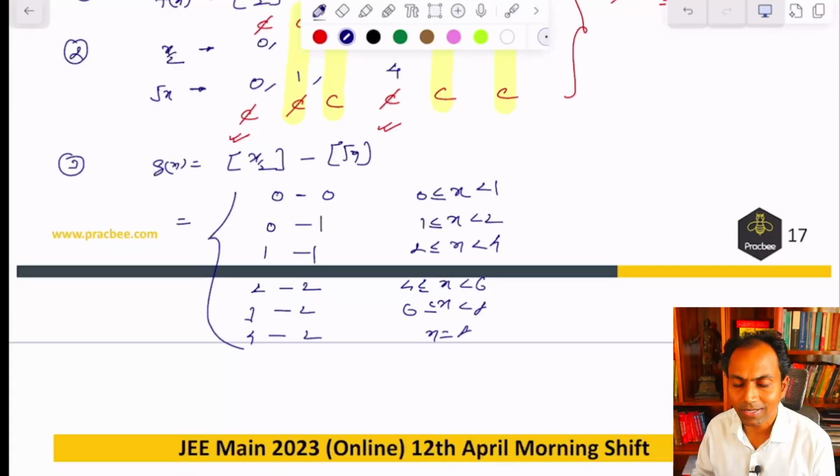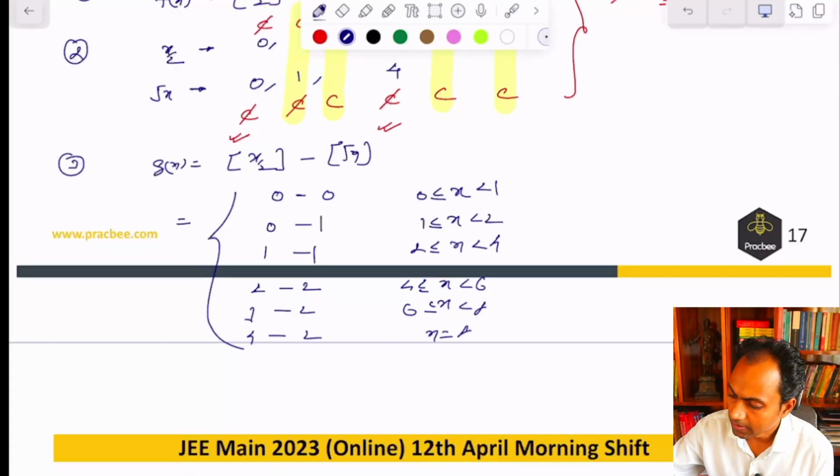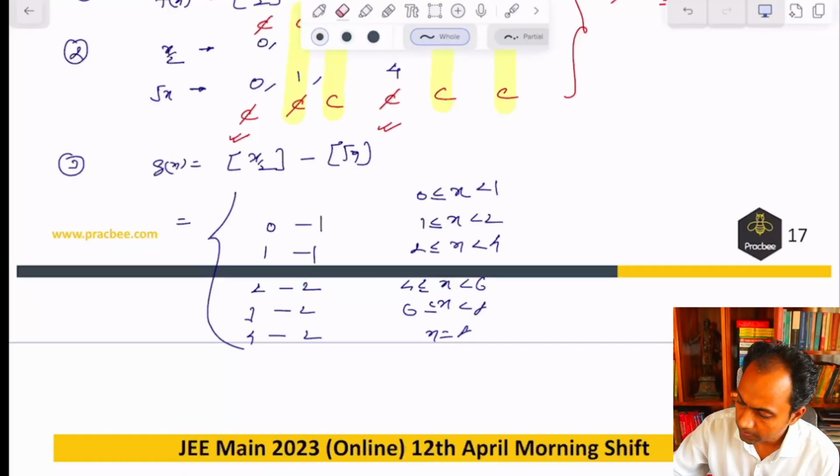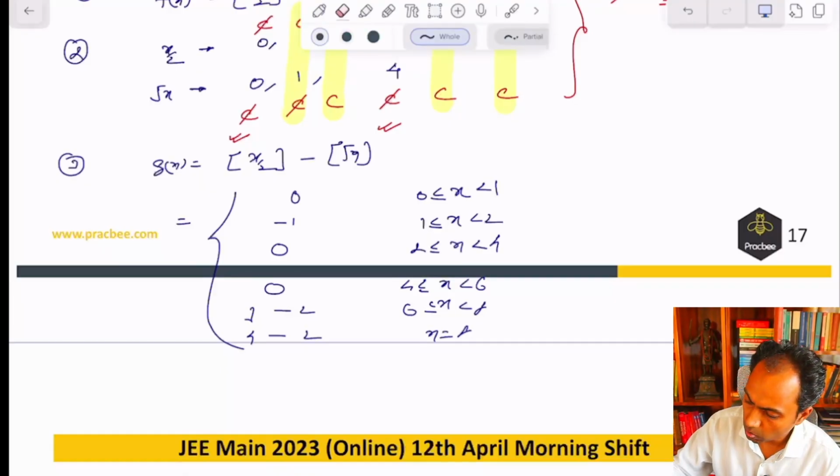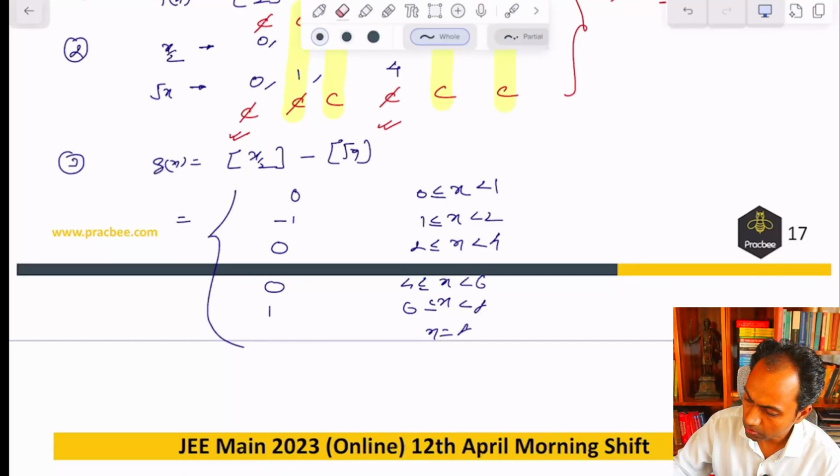If you understand, you can see that in this interval, 0 minus 0 is 0. So this value is still 0. 0 minus 1 is minus 1. This still remains 0. This will also become 0. This will remain 1. And 4 minus 2 is equal to 2, so this becomes 2.